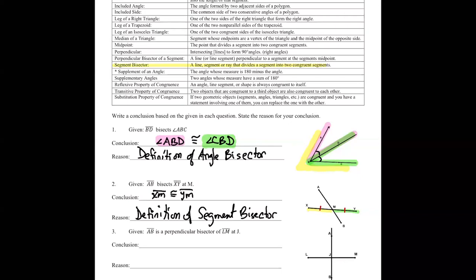Right. They said in number three, AB is a perpendicular bisector of LM at J. So right above the one we just used is another one, perpendicular bisector: a line perpendicular to a segment at the segment's midpoint, right?